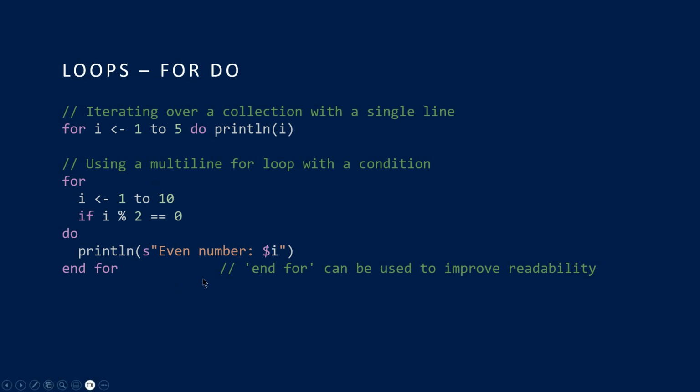In this example, we've got the modulo here, and it's just going to print out even numbers from this list. I'm using an end here just to improve readability a bit. But like I said, you can lay this out several different ways using more Scala 2 type code, and it'll still run fine in Scala 3.